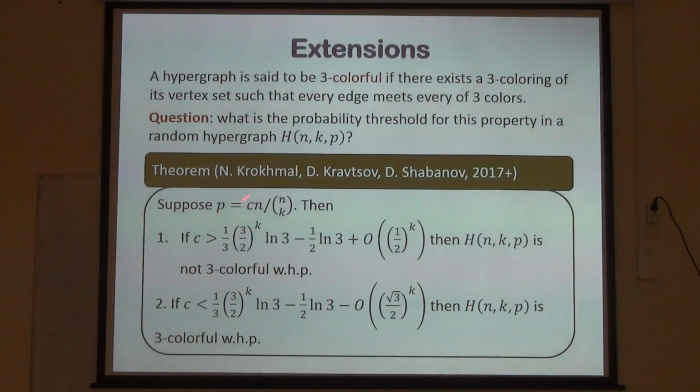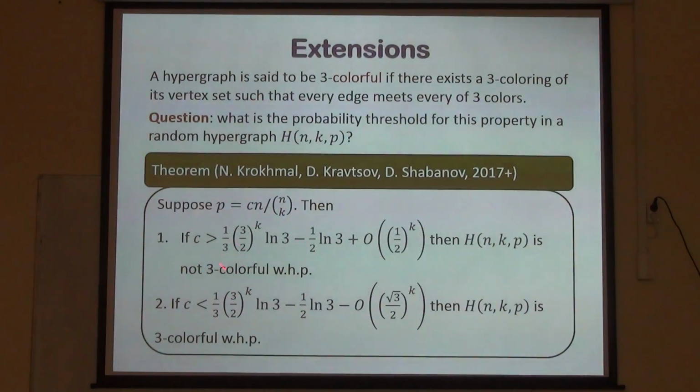Together with 2 of my students, Nikolai Krokhmal and Dmitry Kravtsov, we were able to prove the following. It's a sparse regime, of course, because this threshold will be less than the 2-colorability threshold, because this property is stronger.